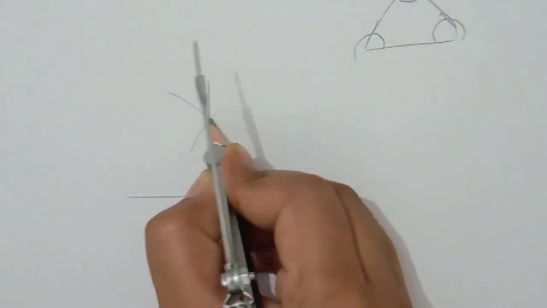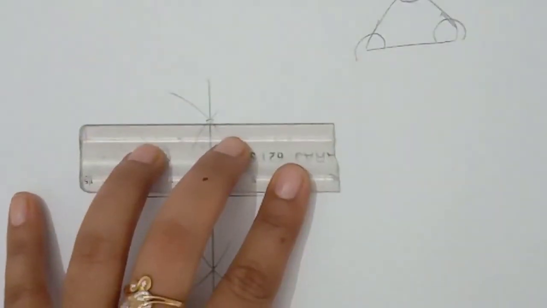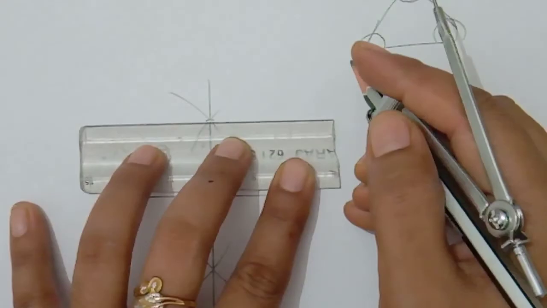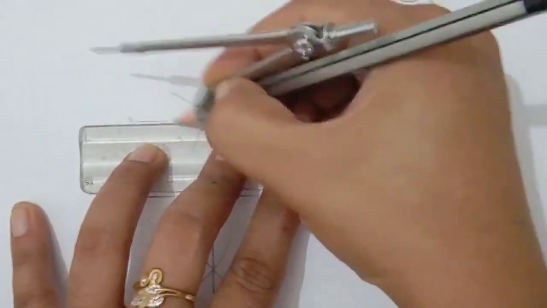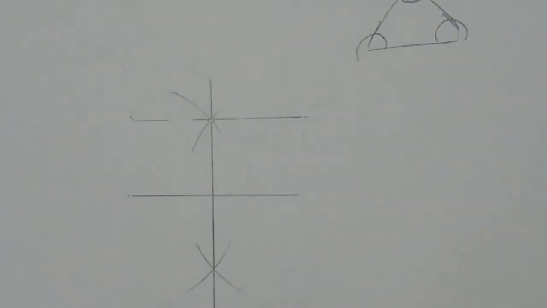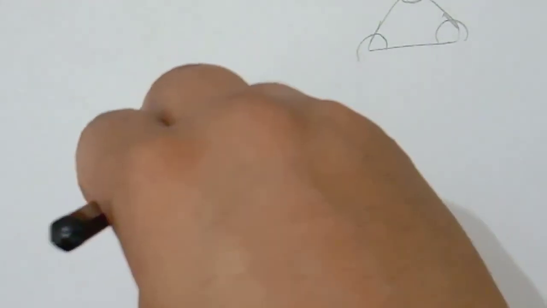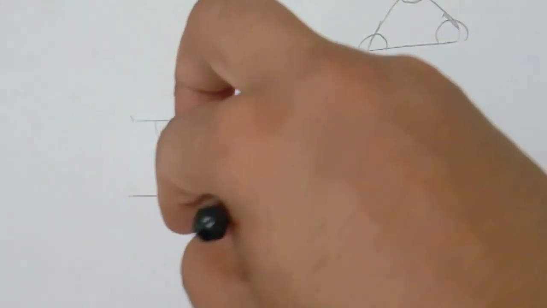Then we will draw a line segment here also, and then we will draw our semicircle, which we always draw at a vertex of a line segment. Now we will draw our semicircle here.